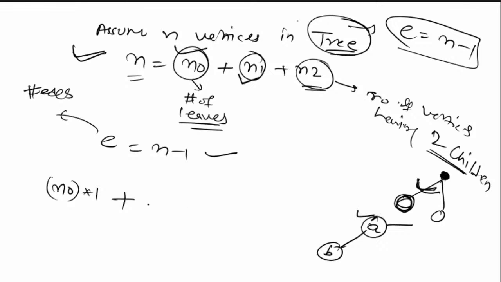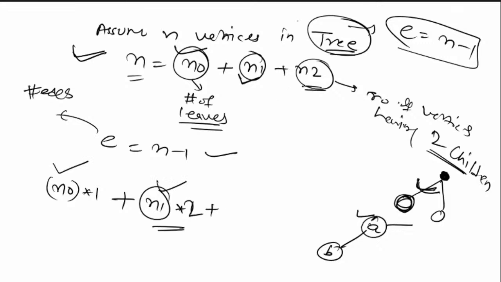So you have n1 multiplied by 2. Remember, I am not talking about the root node. Even if the root has two children, the degree of the root node will be 2. So except for the root node; I will write about the root node at the end. Right now I am assuming these are non-root nodes.